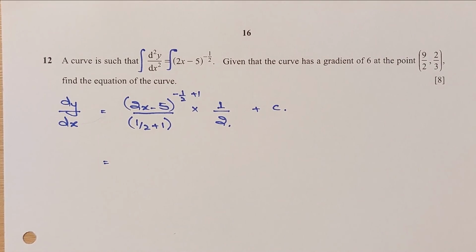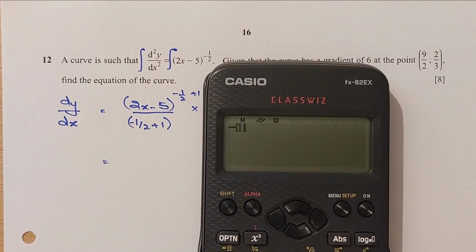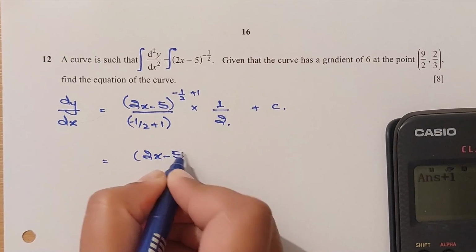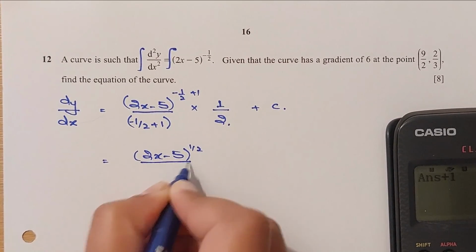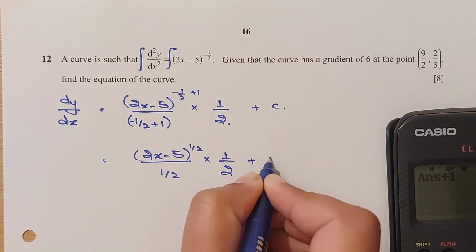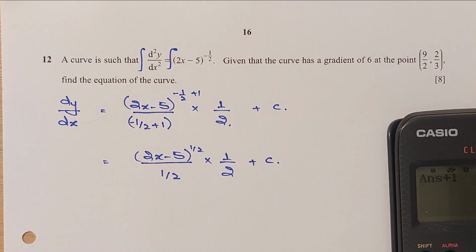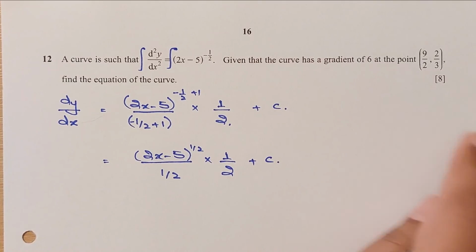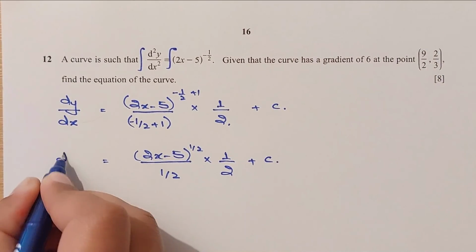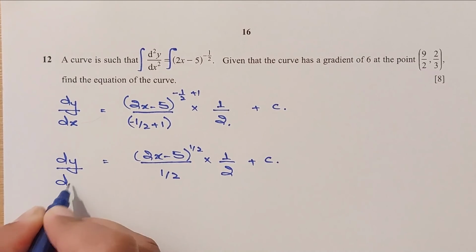So negative 1/2 plus 1, sorry, is just 1/2. So this is (2x minus 5) to the power 1/2, divided by 1/2, times 1/2, plus some constant, right? Now we can find the constant of integration by substituting the condition that the gradient is 6 when x is 9/2.